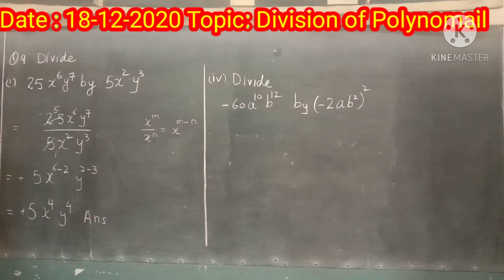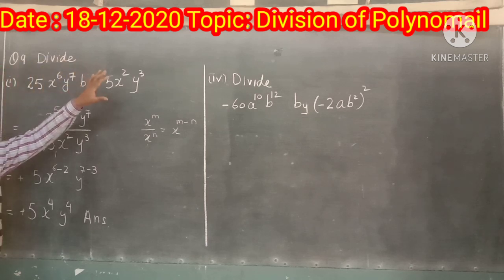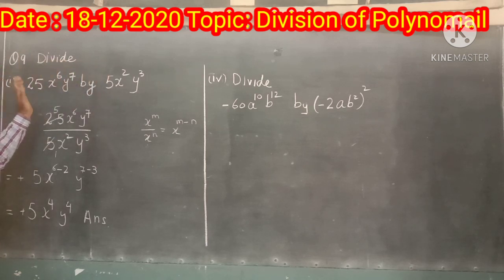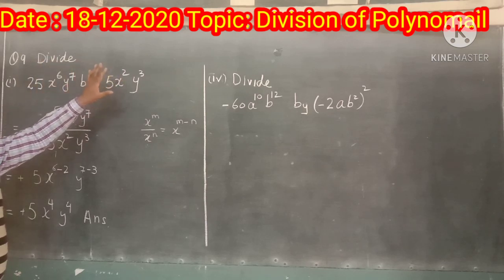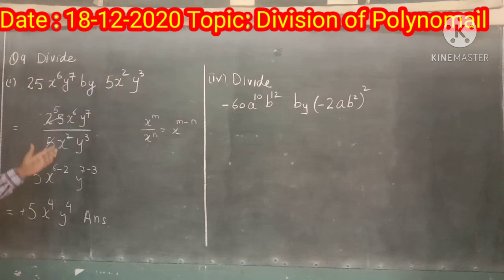So I am explaining again. If both terms are given for the division, first this number you will make as a numerator and this one make as a denominator. First make the fraction. After that we will implement the sign rule, on dividend and divisor.